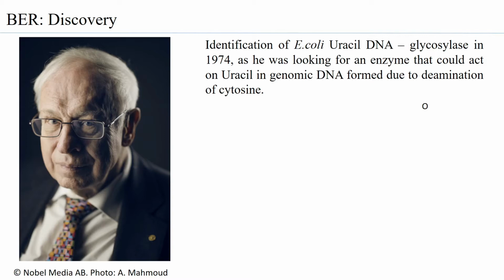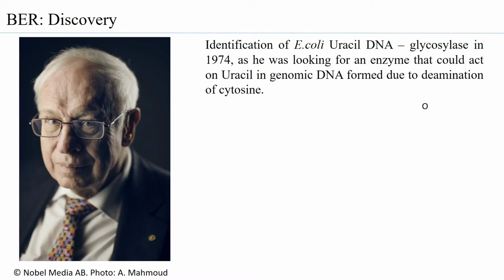So it is a simple hydrolysis mechanism, but that has led to an abnormal uracil. So he was basically involved in a lot of cancer research and aligning cancer with DNA repair systems. And that is where he was trying to look for an enzyme that is able to act on this uracil.